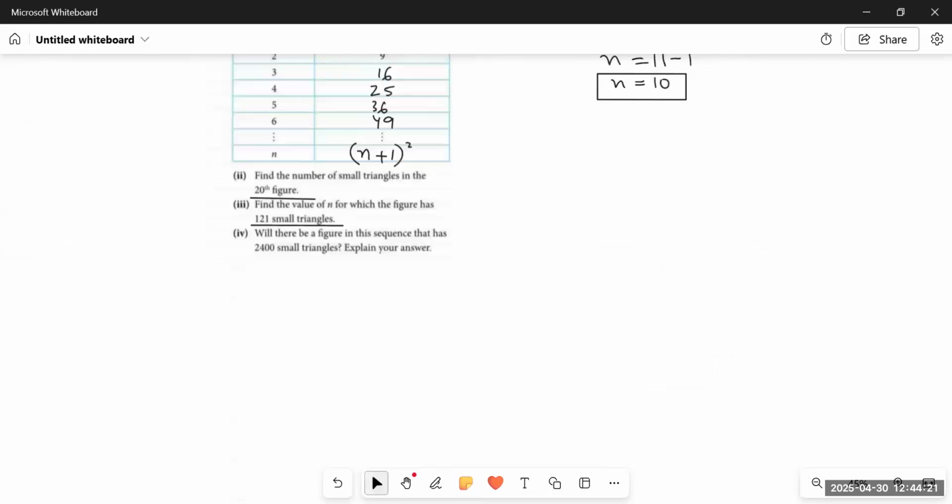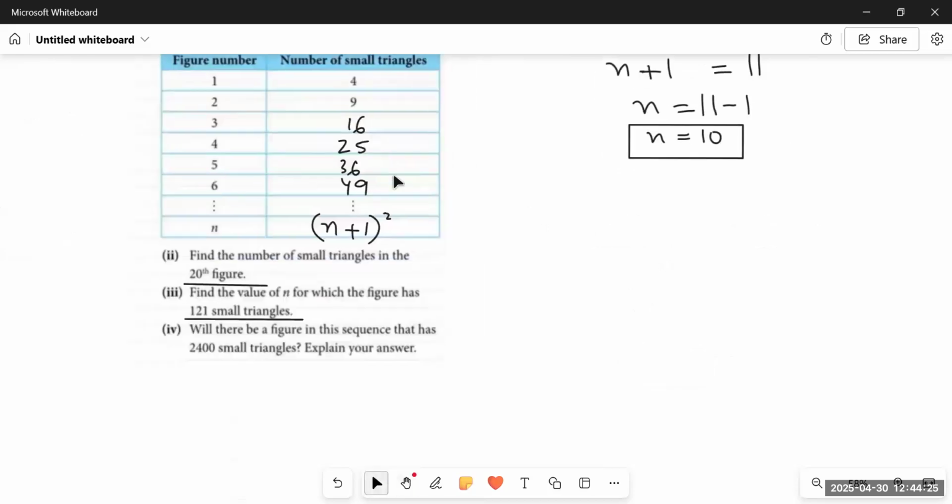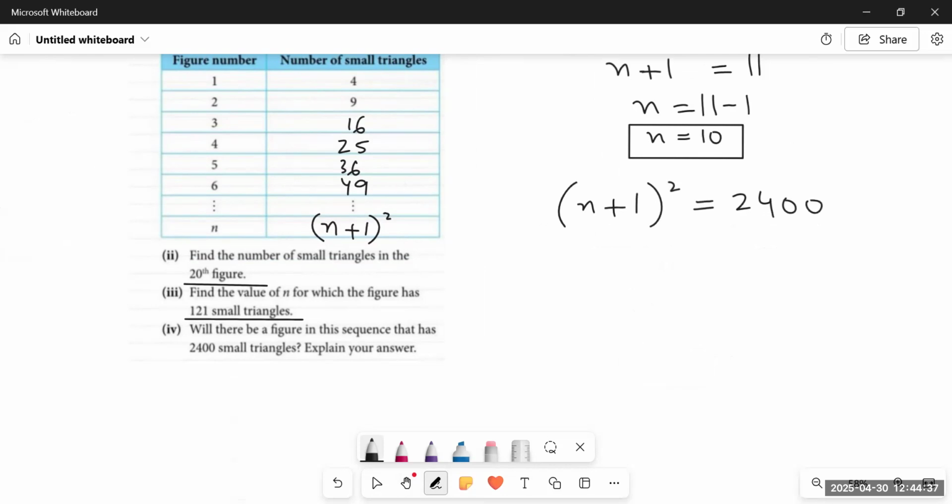Okay, students? Now, in part 4, they're asking, will there be a figure in the sequence that has 2,400 small triangles? Again, they are providing us with the number of triangles. So we will set n plus 1 to the whole square equal to 2,400. If n is a whole number, then this is possible. If n comes out as a decimal or fraction, then this won't be possible. So let's check it out.